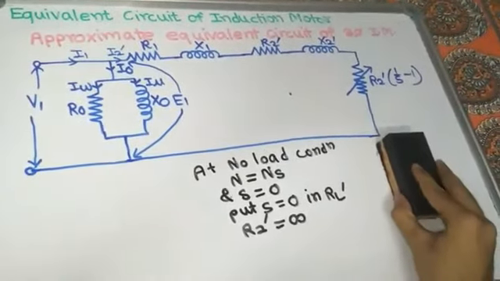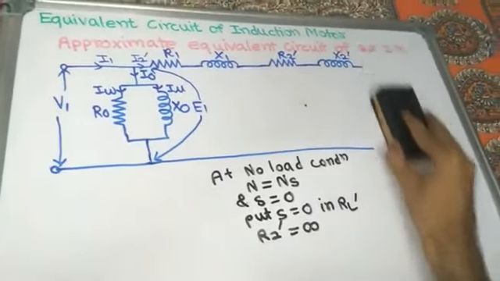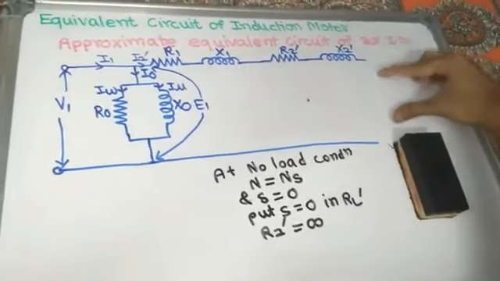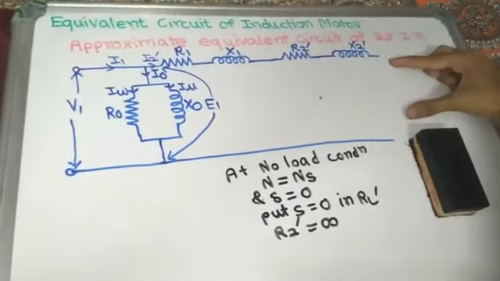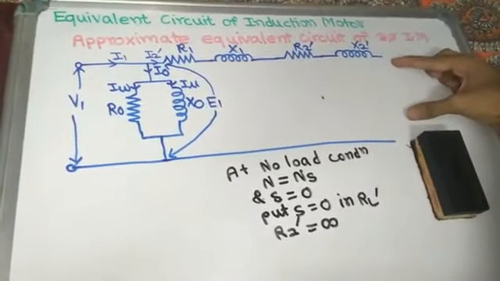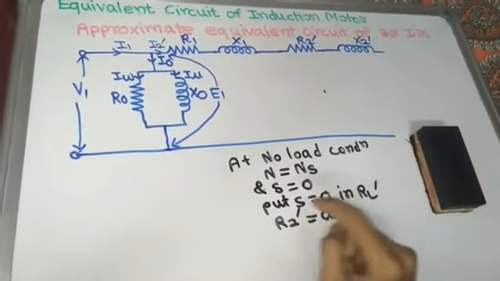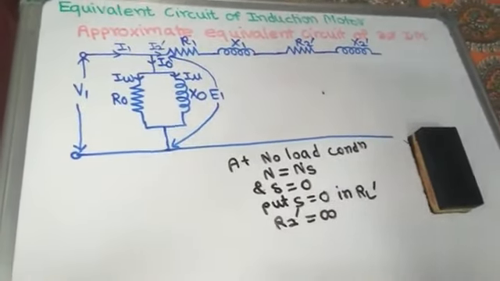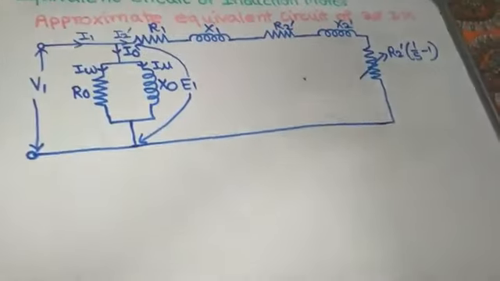Then the load is open circuited, which means the secondary winding is treated as an open circuit. So at no load condition, N equals Ns, S equals 0, and R2 dash tends to infinity.